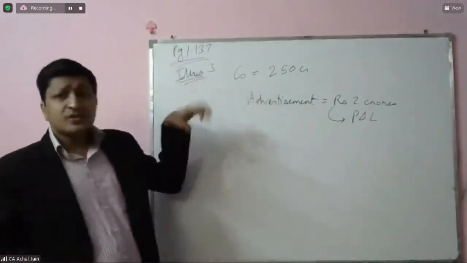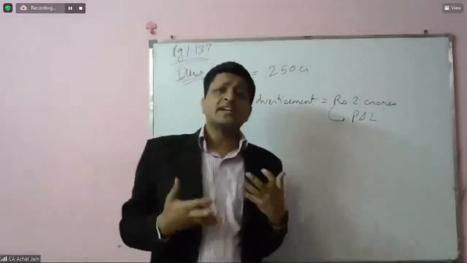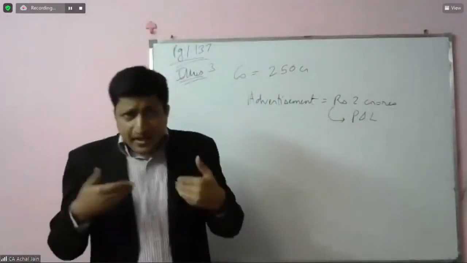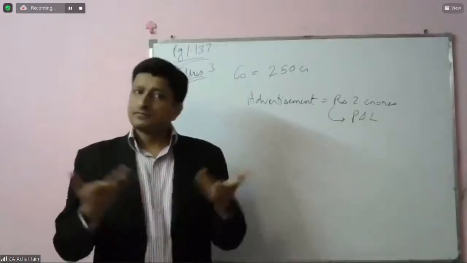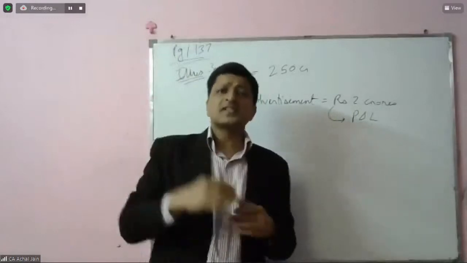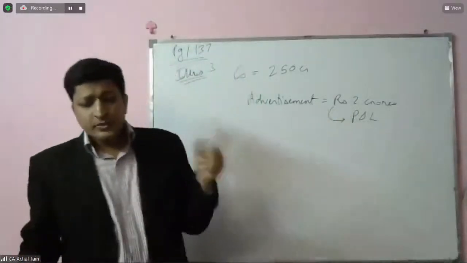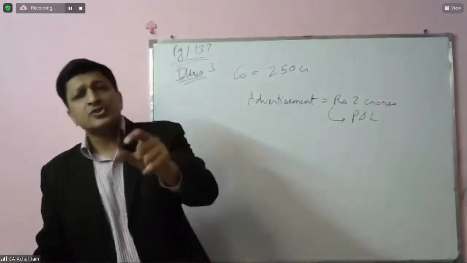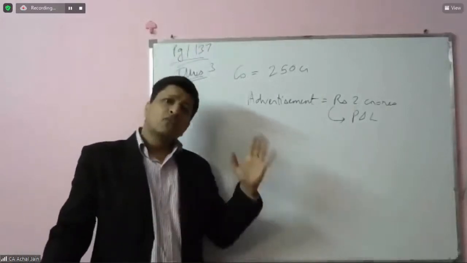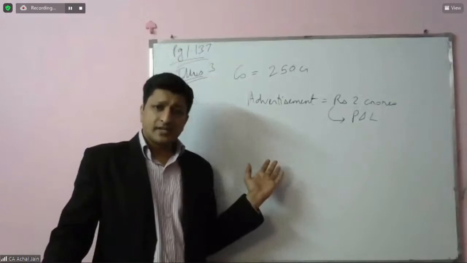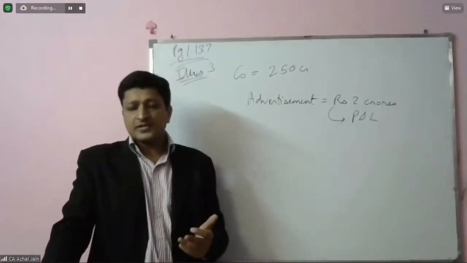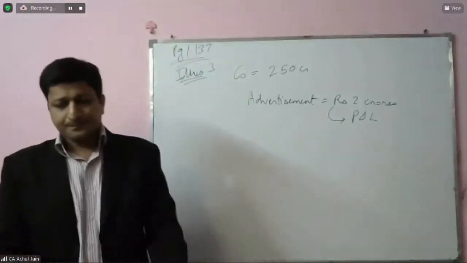Now, in relation to this advertisement, if we say it's an intangible asset which needs to be capitalized, can we say this can be controlled by the company? No. Can we say this can be separated? This is identifiable? No. So that's why what do you do? You charge it off. Clear? Why should this not be an intangible asset? Because it doesn't meet the criteria of an intangible asset.